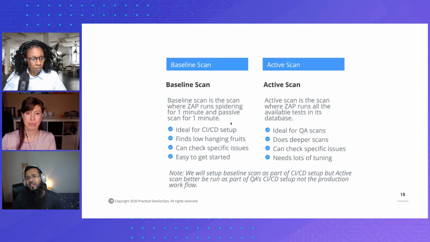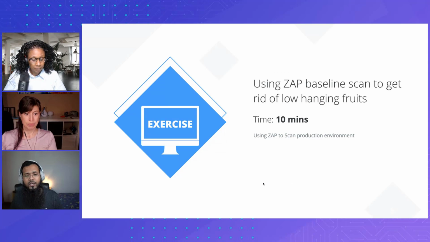Whereas the active scan needs a lot of tuning because it has to be tuned according to every application you have in your organization. It's not like configure it once and then forget about it. You have to tune it. Because as I said, context matters. You provide context to these things by tuning it, providing rule sets to it. So that's what we would be doing now.